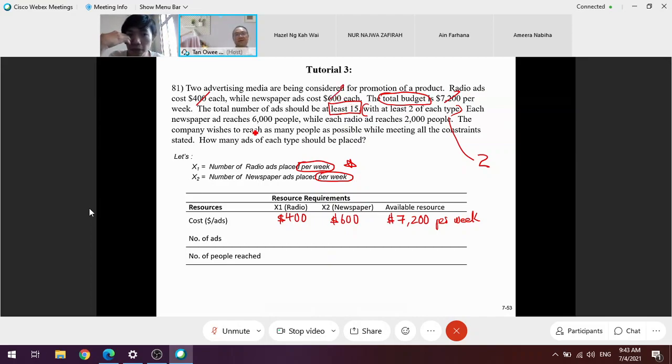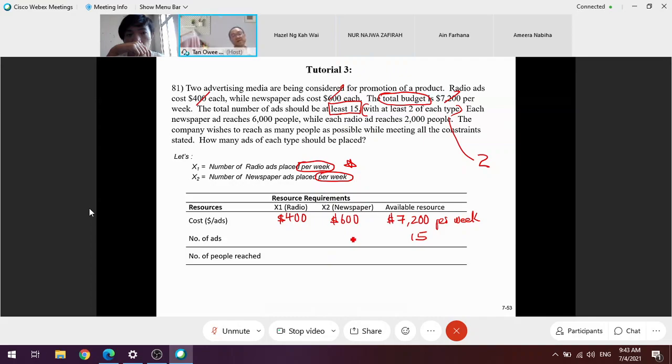The total number of ads should be 15. Okay, so what do we put here? Total number of ads means... Zafira, any idea? At least 2. No, at least 2 is a policy constraint.